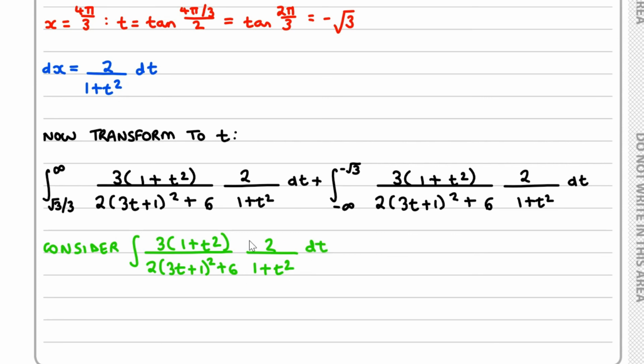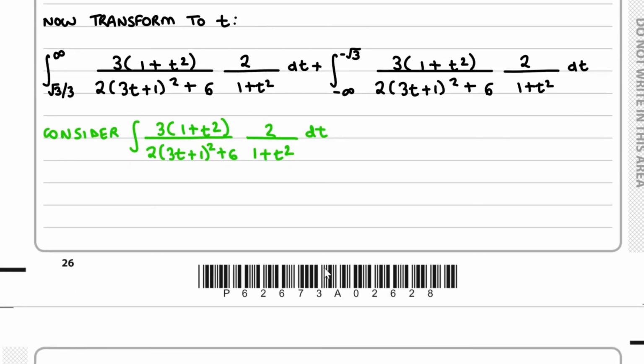Let's attempt to tidy this up as much as we can. Well, what you'd find here is the 1 plus t squared cancels with this 1 plus t squared, and then this 2 cancels with this 2, and then it cancels with this over here 3 times.